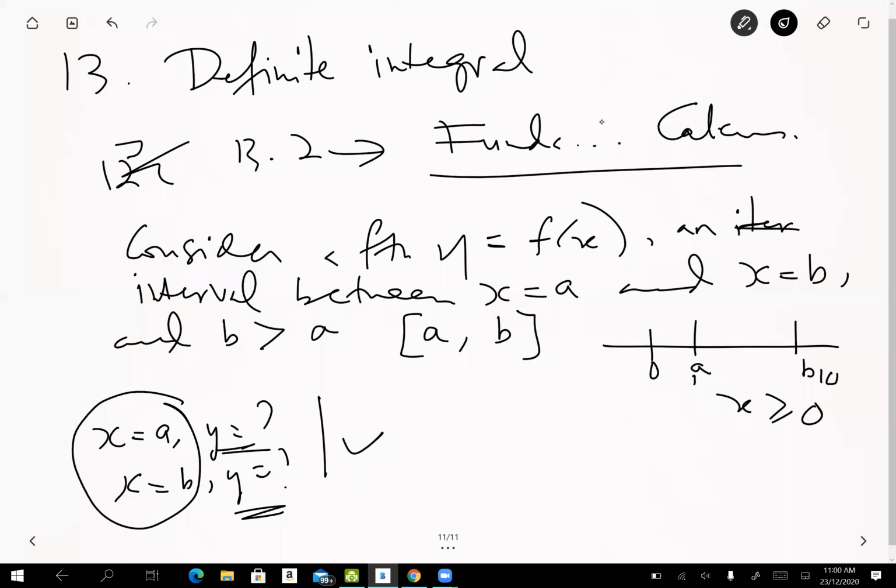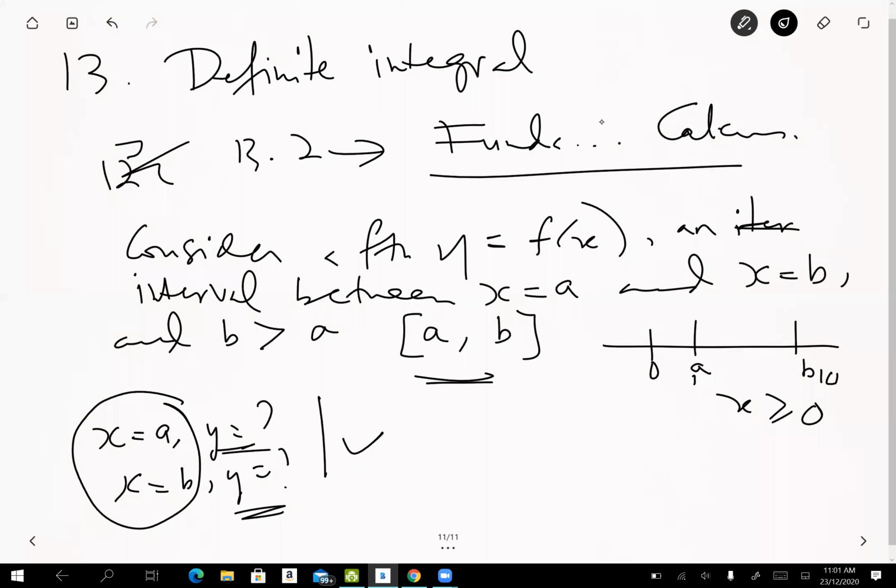Then the definite integral of the function on this interval is equal to what? Consider a function y equal to f of x, and an interval between x equal to a and x equal to b, bigger than a, and we denote the interval a, b.